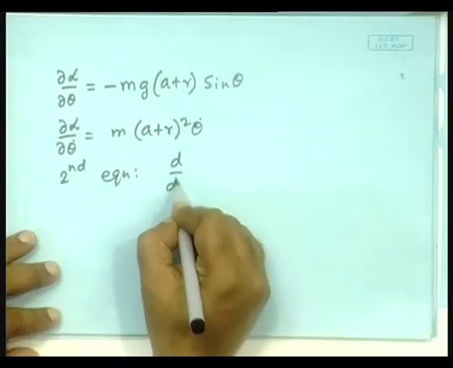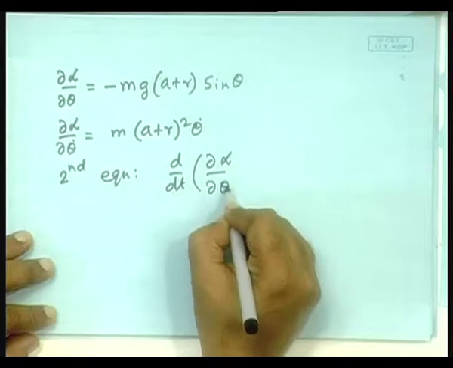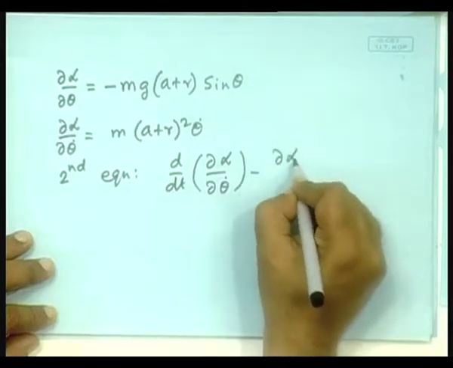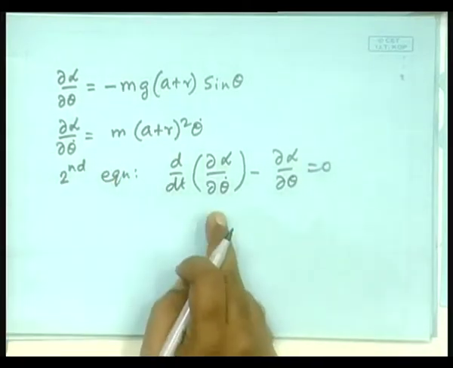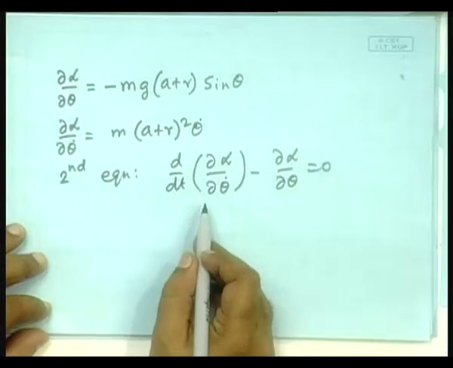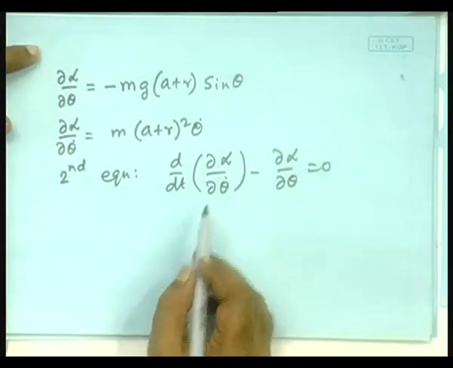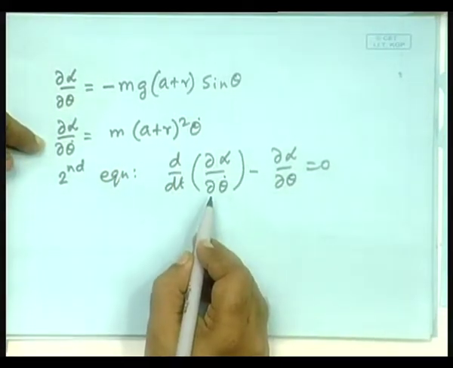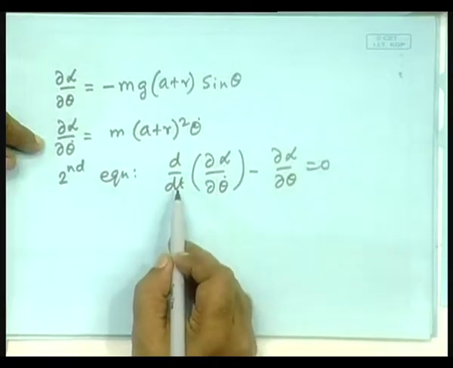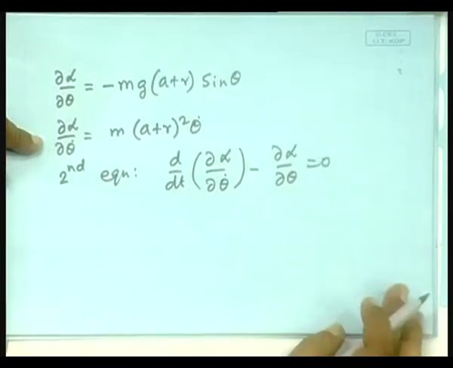So, now we have to write the second equation, which will be d dt of dou Lagrangian dou theta dot minus dou Lagrangian dou theta equal to 0. Now, this has to be differentiated. Since these are both variables, so you have to do it carefully. That is what I wanted to point out.